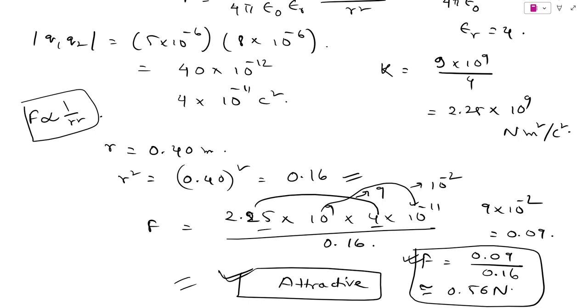Now, before we finish, let me share a few points. Use Coulomb's law for a medium, and 1 by 4 pi epsilon naught is 9 into 10 to the power 9. If charges have opposite signs, the force will be attractive, and a larger relative permittivity weakens the electrostatic interaction, and the force follows the inverse square law. So increasing the separation rapidly decreases the force.